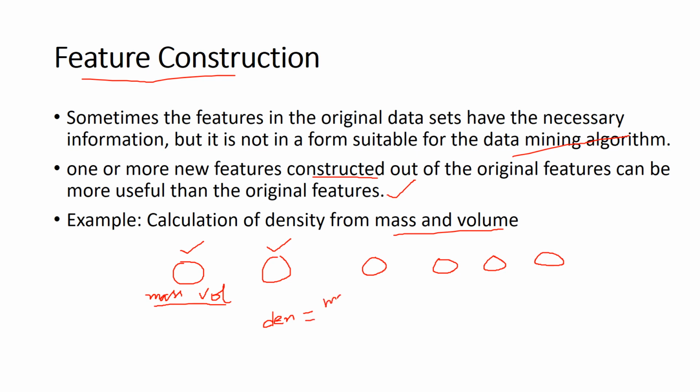This density is going to be very useful in understanding the nature of the element. This new feature, density, constructed from the mass and volume, is going to be very helpful.